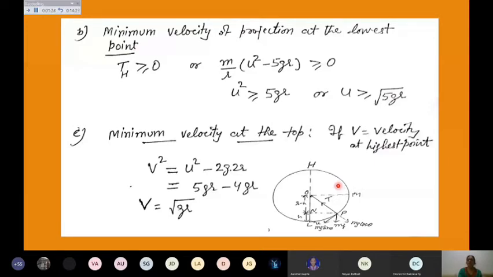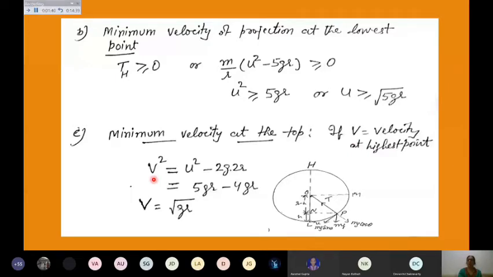Similarly, if you want to find the velocity at the highest point, or at the top, the minimum velocity to complete the vertical circle, then let capital V be the velocity at the highest point. Then you can find it simply using the first equation, that is V square equals U square minus 2gh.